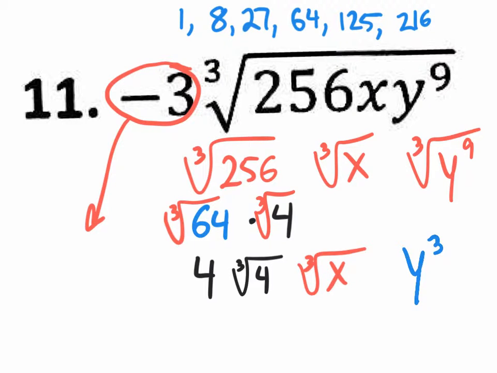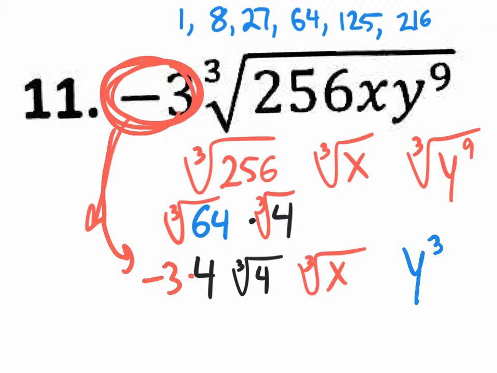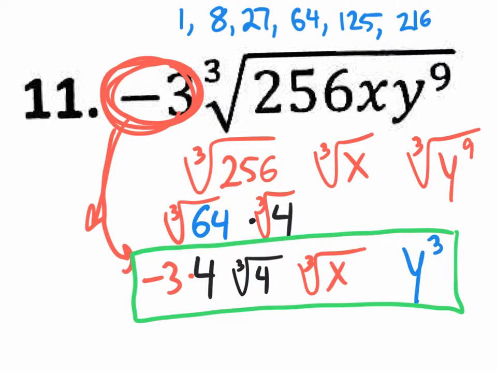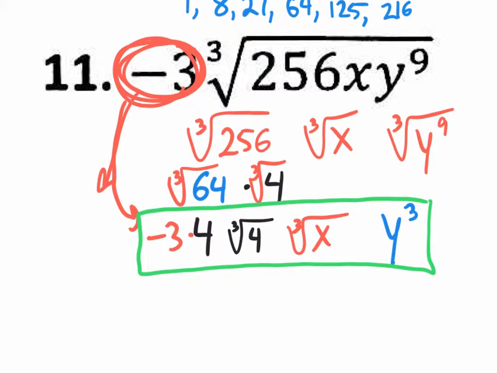Guys, this is almost our answer. I once again almost forgot about that -3 out there. Let's bring it down, that -3, and put it right in front of the 4 and multiply it. Don't forget that on the test, please. Now, all we need to do to this answer is simplify it, rearrange it. So what is -3 times 4? -12.